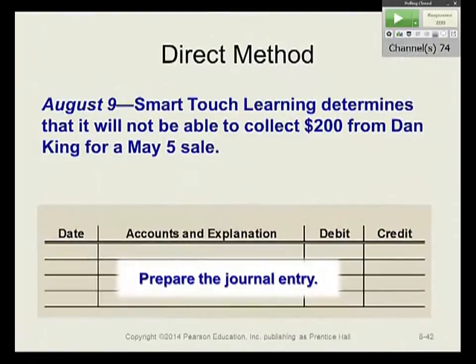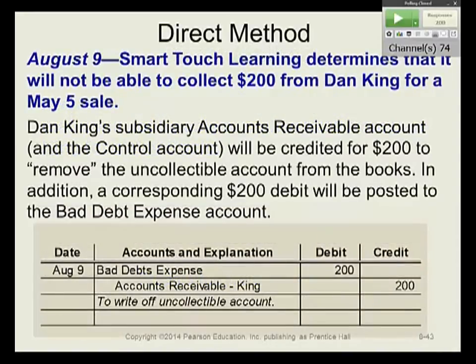Now, to show you an example, let's assume that we have this customer, Dan King, who tells us that, or they determine the individual cannot pay $200 on his account. Basically, what's going to happen is that once we find out that the account is uncollectible, we debit the bad debt expense and credit the receivable directly.